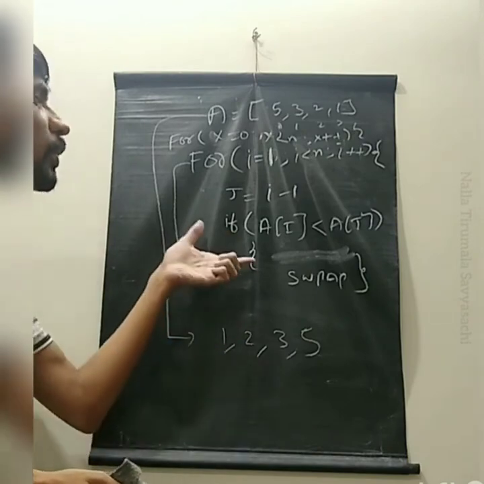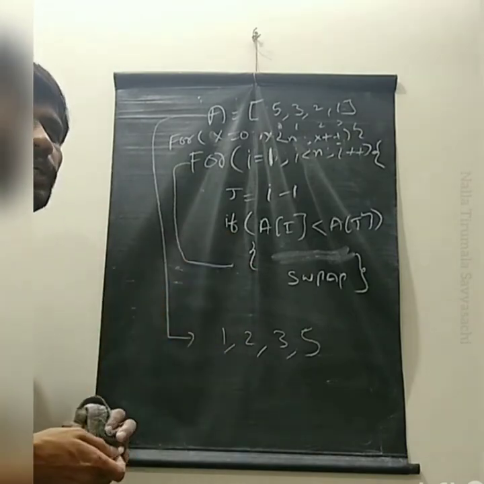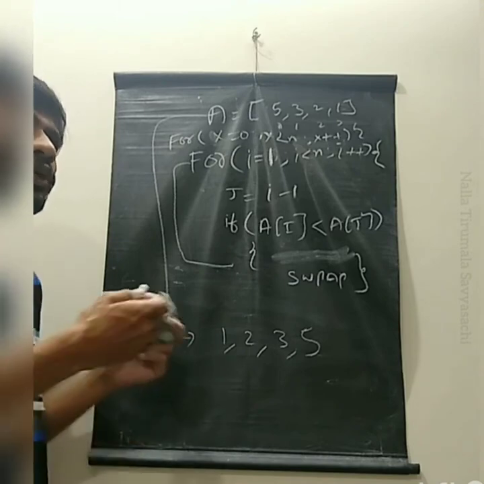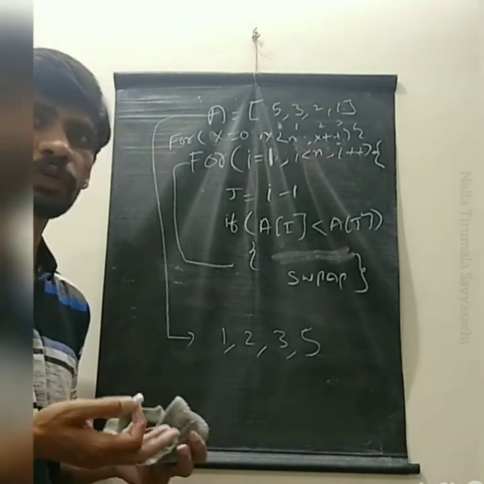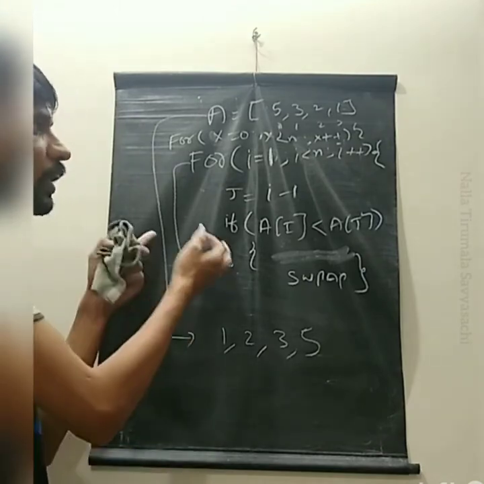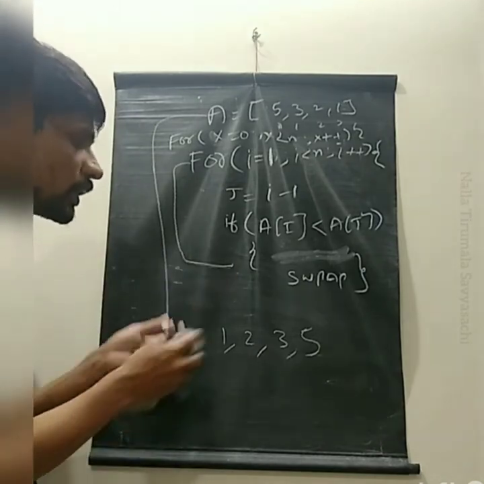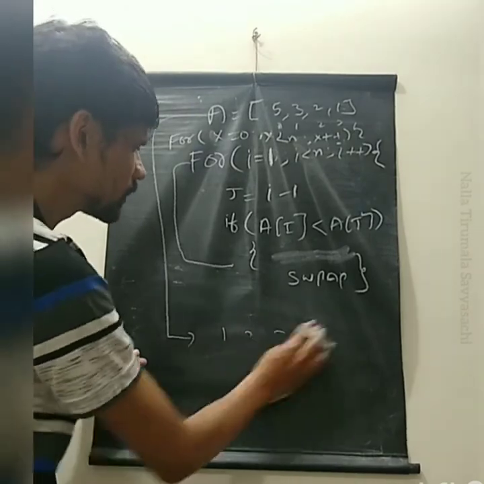So what is the problem with this piece of code? We can write n number of ways to solve one problem, but what is the problem with this piece of code? Let's see.